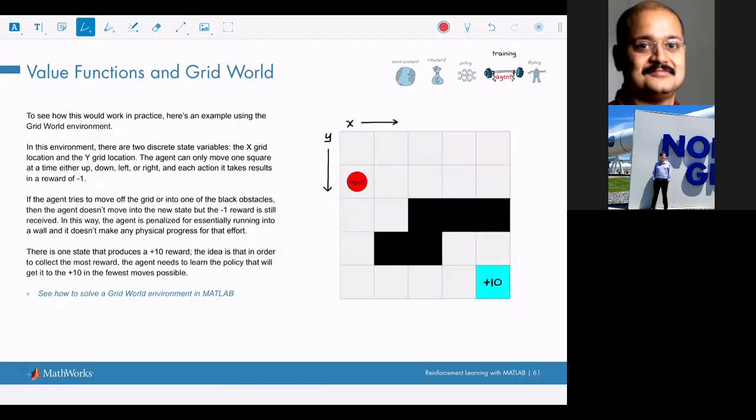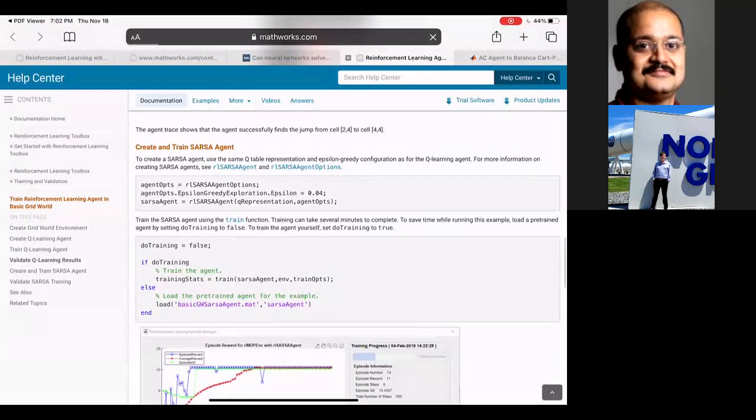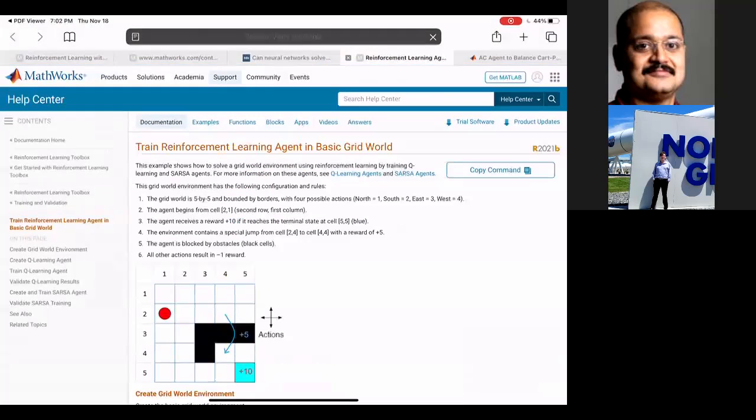Here is a very great classic example inside MATLAB. Has anyone tried this example before? It is called the grid world problem, and this entire problem is explained in MATLAB.